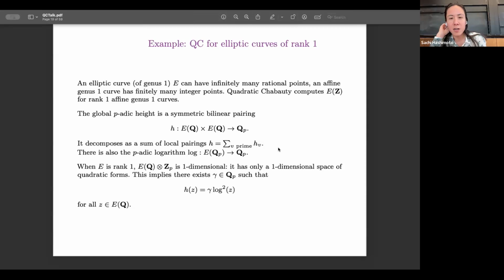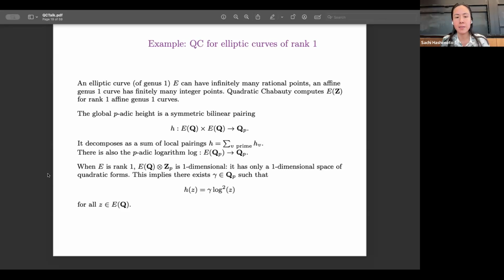There's also another function on my elliptic curve, the p-adic logarithm. You might be familiar with this from Silverman, or it can also be thought of as a Coleman integral. And the interesting thing about these two functions is that they have a relationship between each other. In particular, when E is rank 1, it only has a one-dimensional space of quadratic forms.